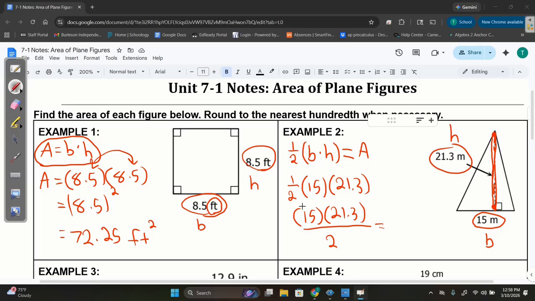And whenever I enter that into the calculator, I should get 159.75 units, in this case, are meters squared. If you leave off the meters squared, you're going to get points counted off. Make sure you have that.